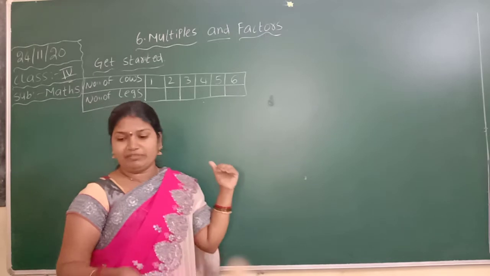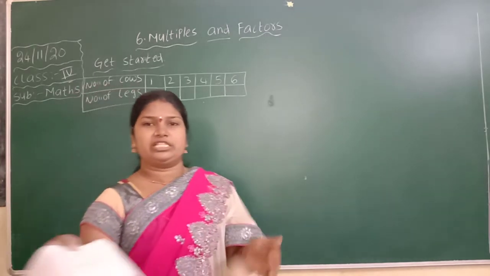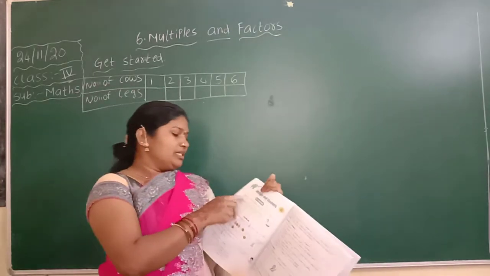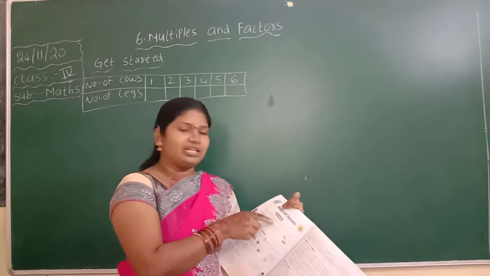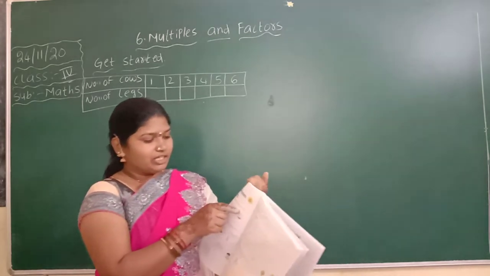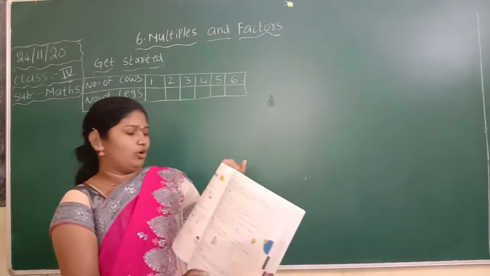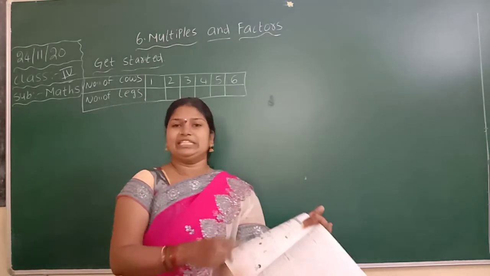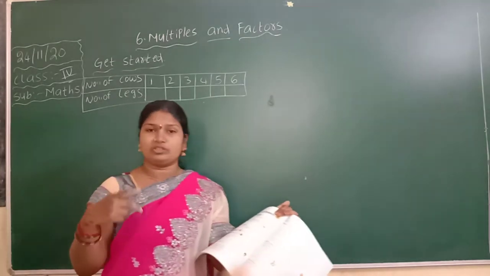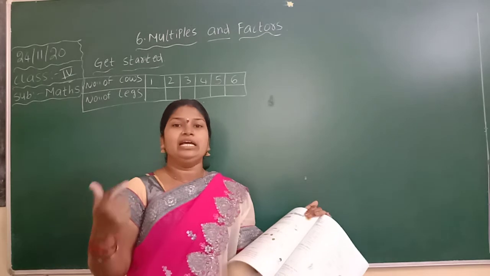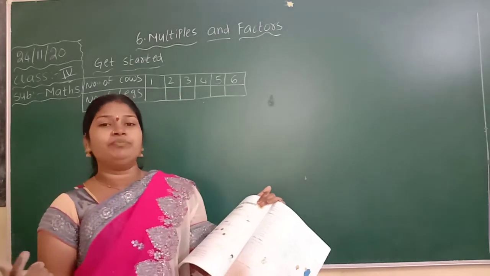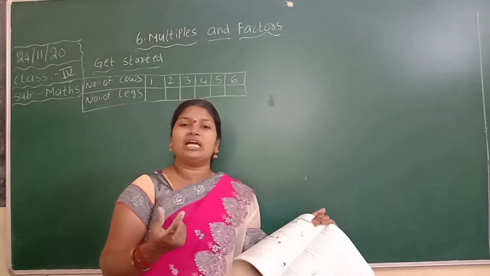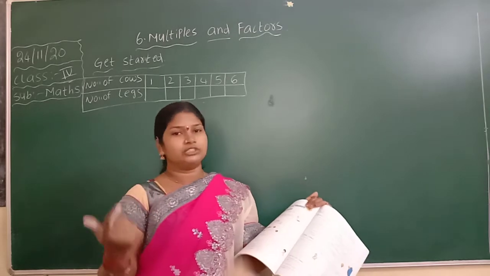Okay. Everyone open page number 106. See children. Sanjay wants to count the number of legs of the cows in a dairy farm. Sanjay has a cow dairy farm, and in that dairy farm, he wants to count the number of legs of cows.